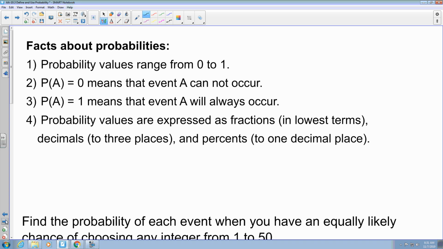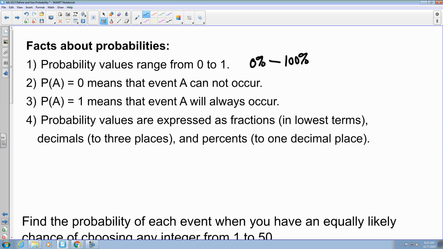Some facts about probability, especially both theoretical and experimental. Values range from 0 to 1, so it could be from 0% to 100%. That's basically what they're trying to determine. 0 to 1 is meant as a decimal. 0% probability means that the event won't occur. 100% means that the event will always occur.